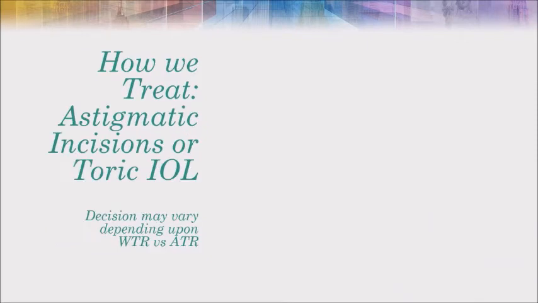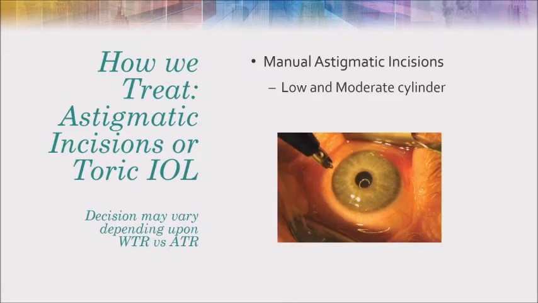And then we'd have to decide how we're going to treat. Are we going to use astigmatic incisions, or are we going to use toric IOLs? And this may differ in our decision-making process based on whether it's with the rule of astigmatism or against the rule of astigmatism. Manual astigmatic incisions are still a legitimate way to treat low and moderate cylinder.